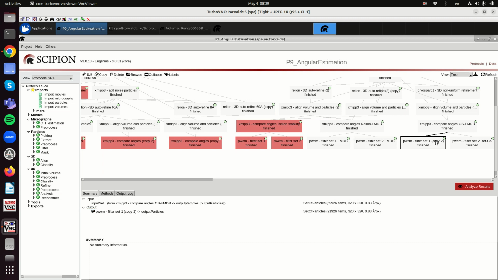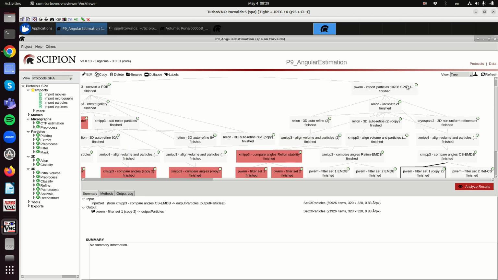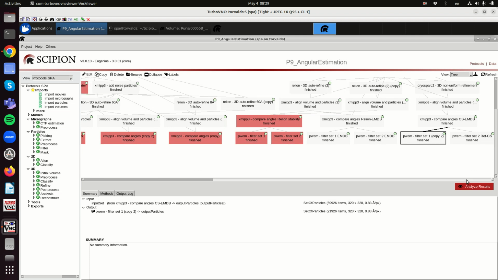Here there is a big change, and probably the reason was that this angular assignment was done with CryoSPARC, maybe. But even CryoSPARC with itself doesn't agree so much, so it is not 100% agreement.